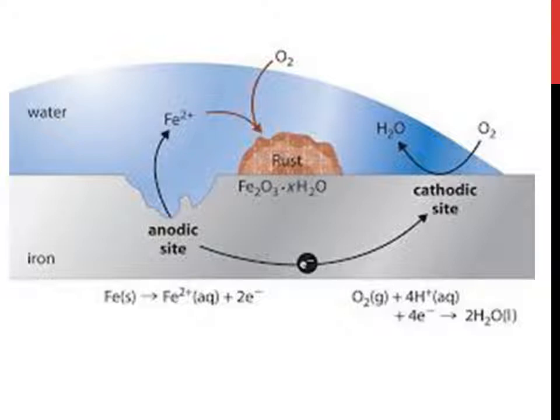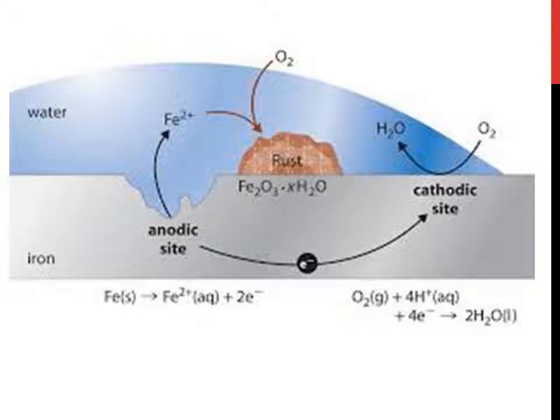Based on the nature of corrosion, that is, under which condition the corrosion process is initiated, we broadly classify corrosion as wet corrosion and dry corrosion. If the corrosion of the metal takes place in an aqueous corrosive environment, we call it wet corrosion.